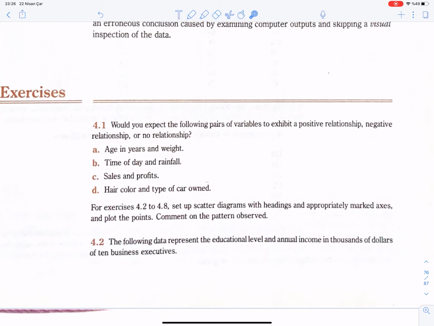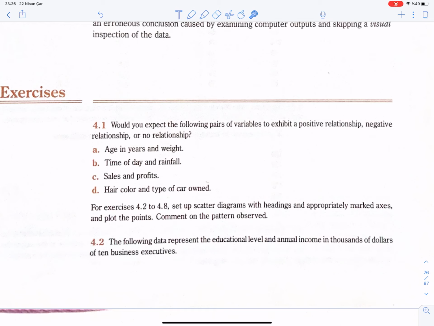Time of day and rainfall. No, there will be no relationship. As the time increases, I'm not expecting the rainfall to increase or decrease. So this is no relationship. Sales and profit, yes, definitely a very positive correlation.